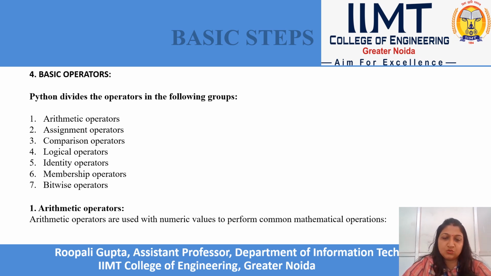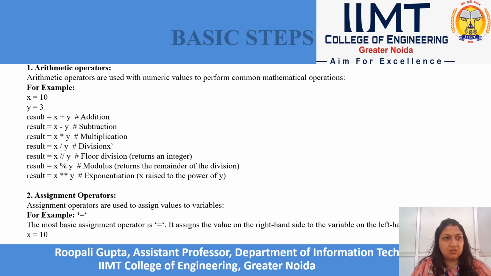Arithmetic operators are used with numeric values to perform common mathematical operations. So basically we have two variables x and y, and the values are x equal to 10 and y equal to 3.